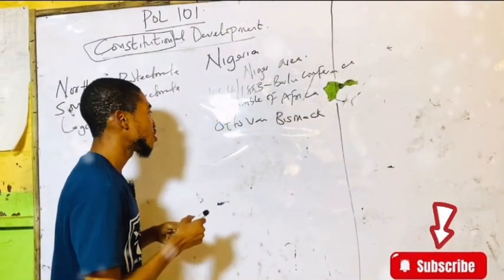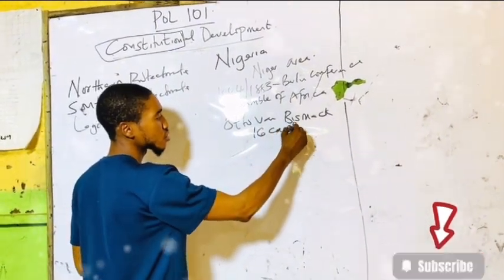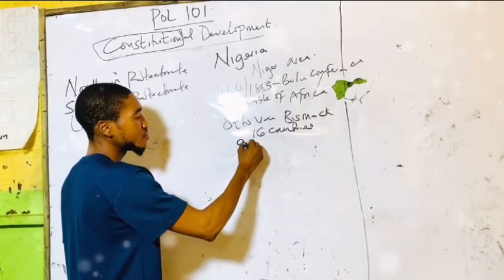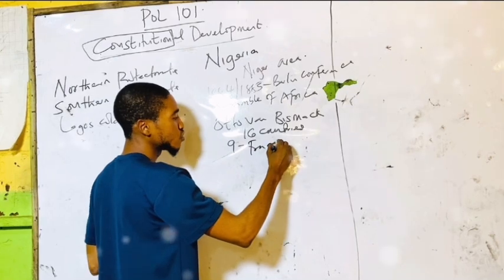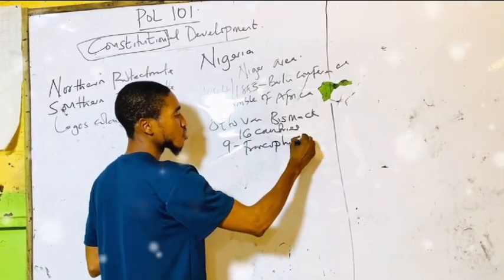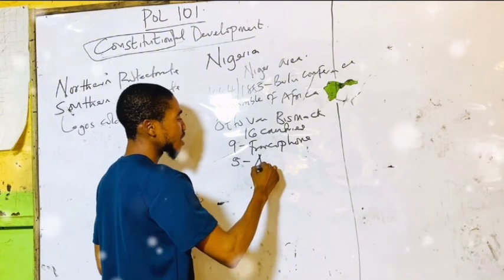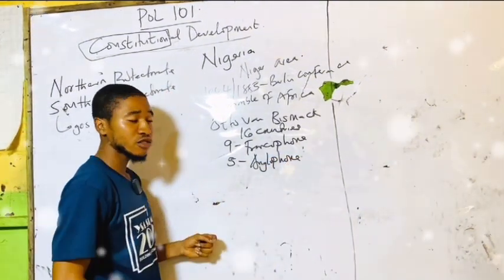You can also see in West Africa we have 16 countries. Now, 9 of them speak French and they are called the what? Francophone speaking countries. 5 of them speak English. They are called the Anglophone speaking countries.